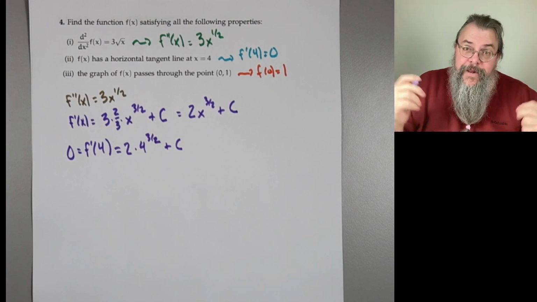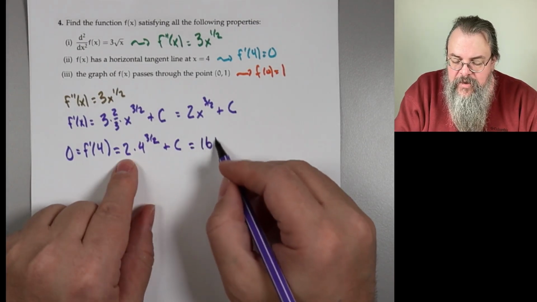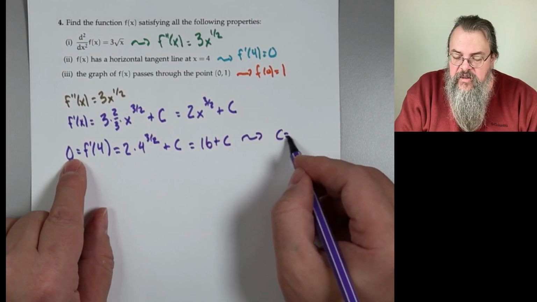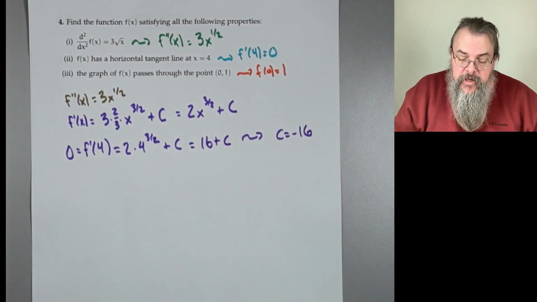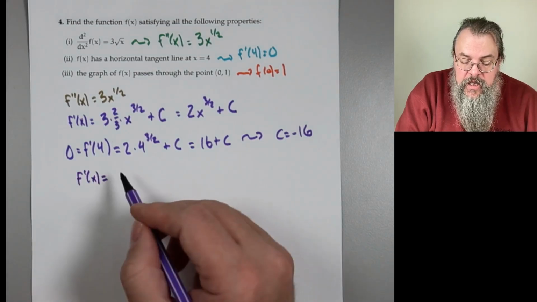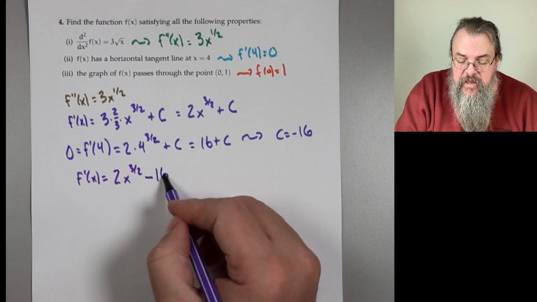Either way, it's 8. 8 times 2 is 16, so we get 16 plus c equals 0. That tells us that c is negative 16. All right, good. So let's update. f prime of x is really 2x to the 3/2 minus 16.